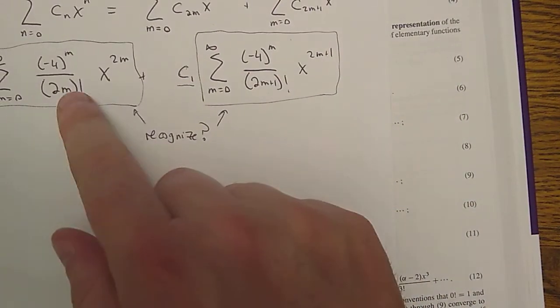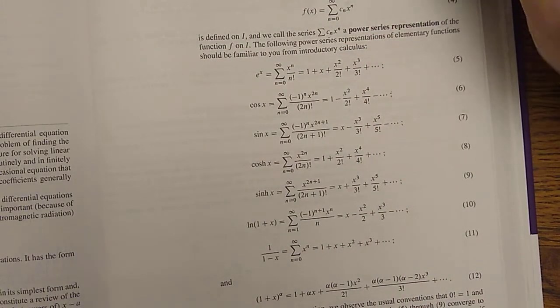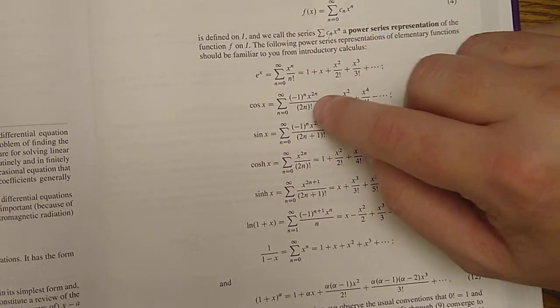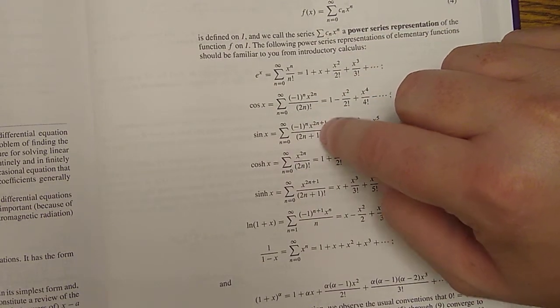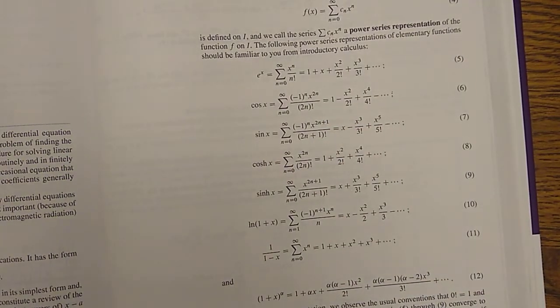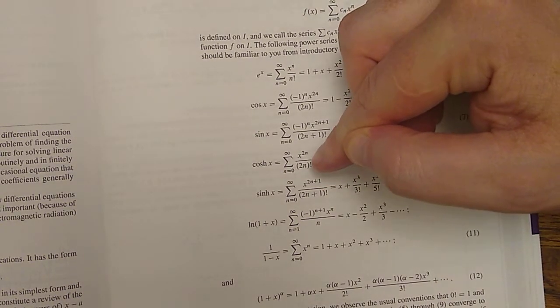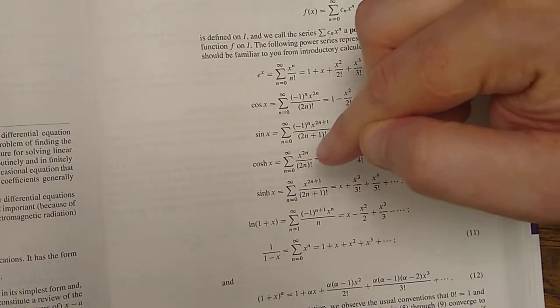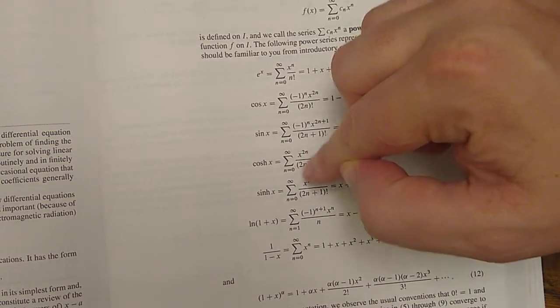In particular, this is an even number factorial and this is an odd number factorial. So where do I see things that look like that? I see something like that here and here. I also see it here and here, but what else do I see? I don't see an alternating sign, like a plus minus plus minus.